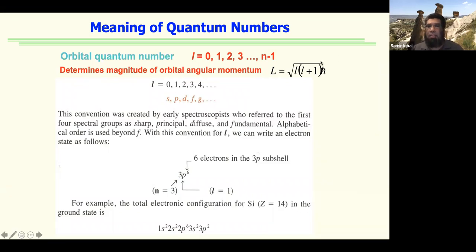So l is telling us that within one energy level, within n equal to 1 or n equal to 2 and so on, there will be very small differences within that band. They may belong to s, p, d or f. These are the spectral subgroups.